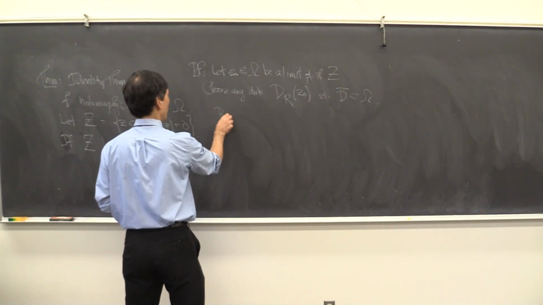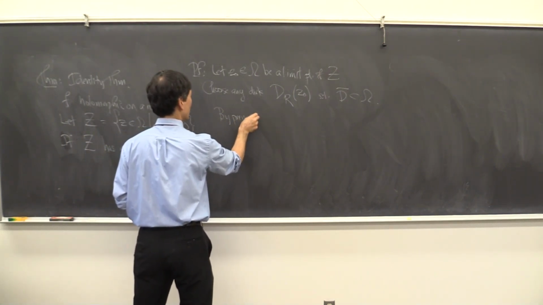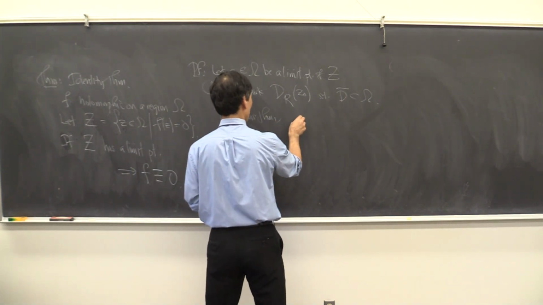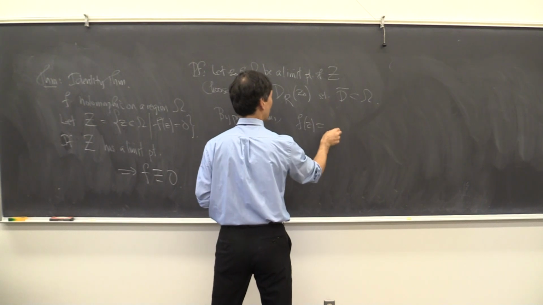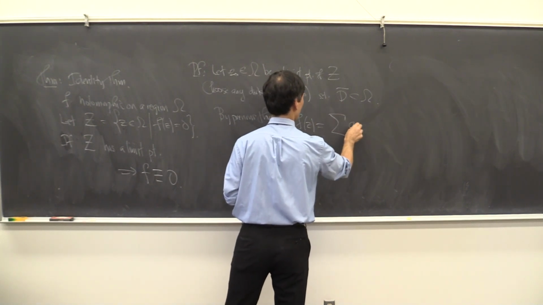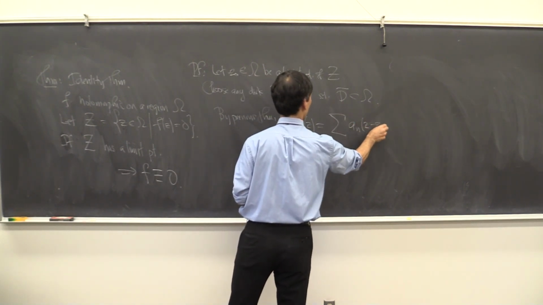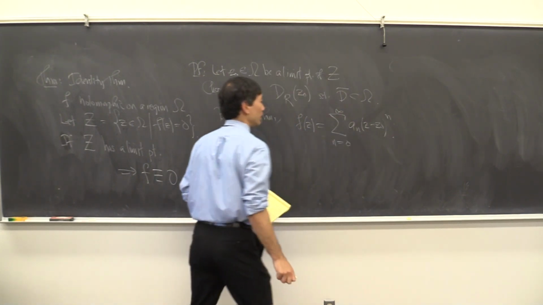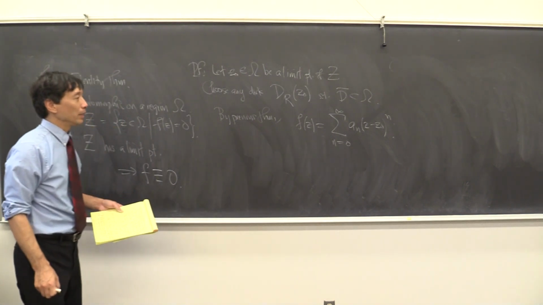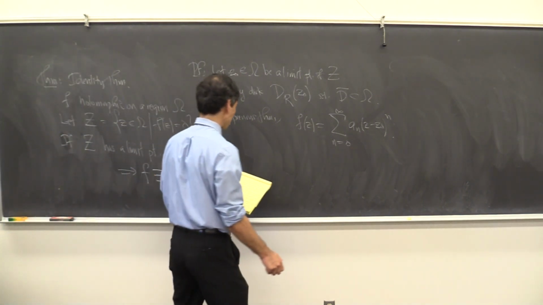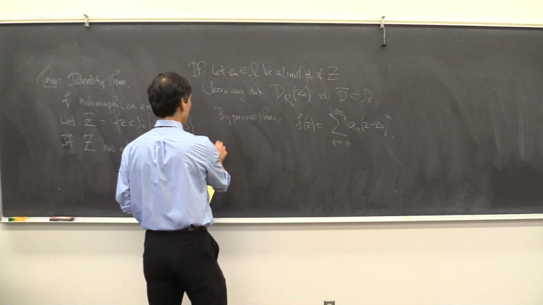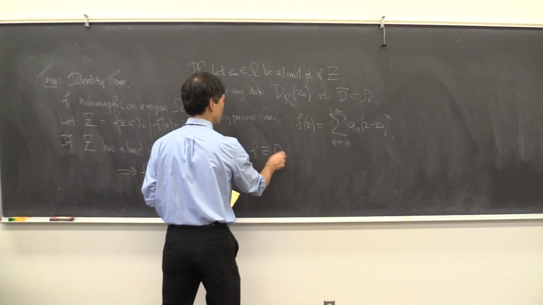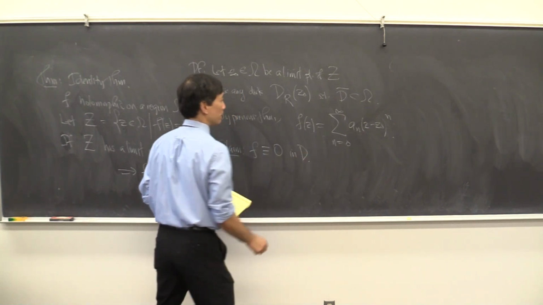By the theorem we just did, we know that we have a power series expansion about Z0. So we claim that f must be 0 in that disk.